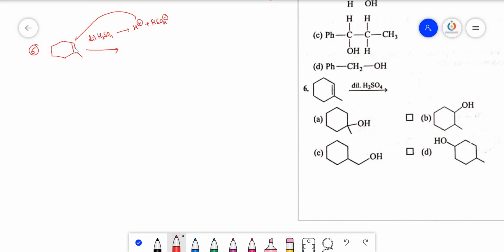Then the H+ ion preferably attacks over here, and the pi electrons will be shifted over to this carbon atom, and here we get the positive charge. So this is a tertiary carbocation, which is more stable. Next, again HSO4-; it is not necessary to write down this reaction every time. It is understood that HSO4- immediately reacts with water, giving its respective alcohol. So OH will be added over here, hence option A is correct.